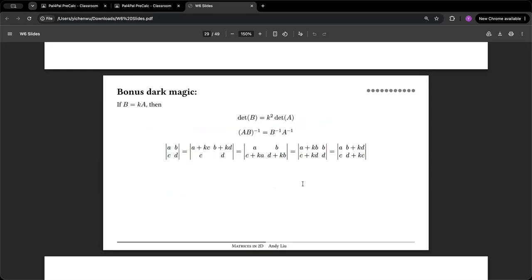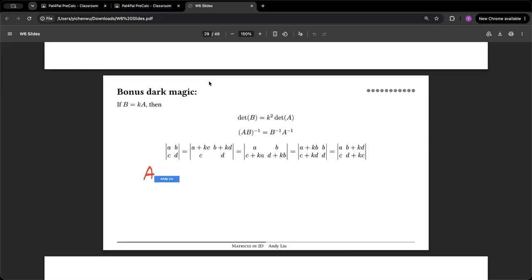And then the second one holds for any matrix. This one's actually a very simple proof. You don't even have to do anything involving matrices.